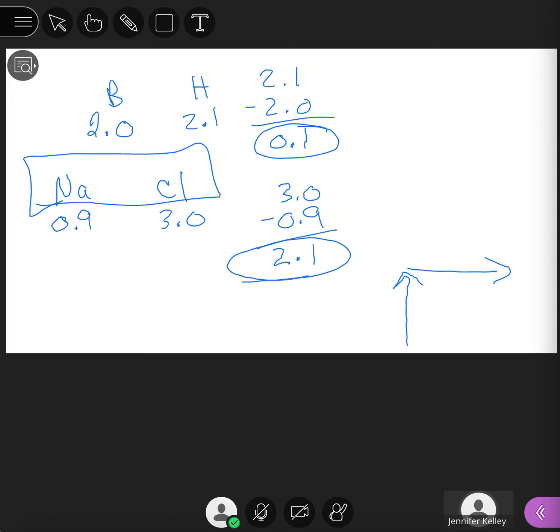Yeah, I would say that you can assume, for now, I would think that this would be appropriate, that noble gases are not electronegative.